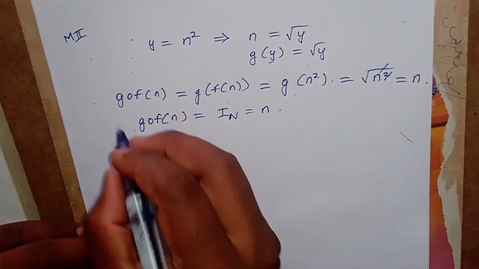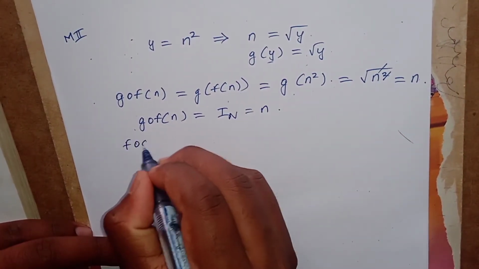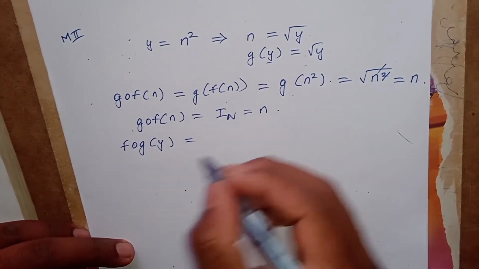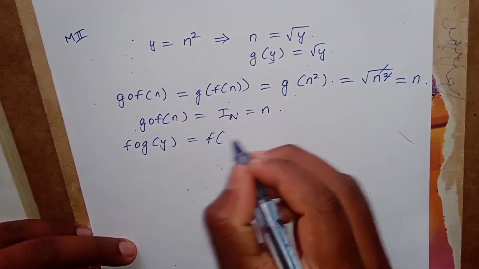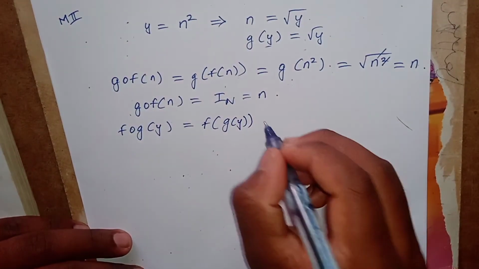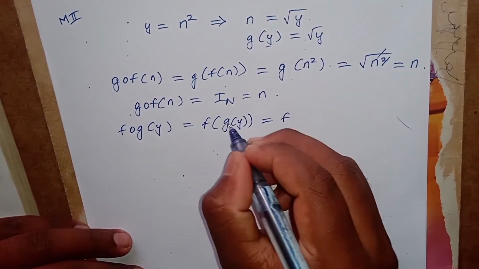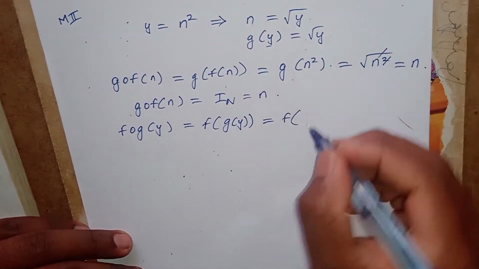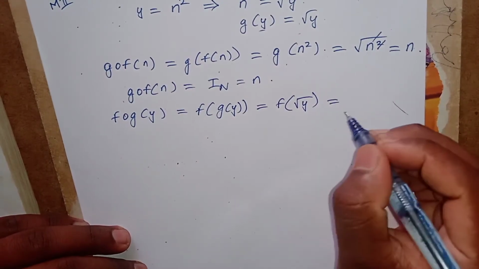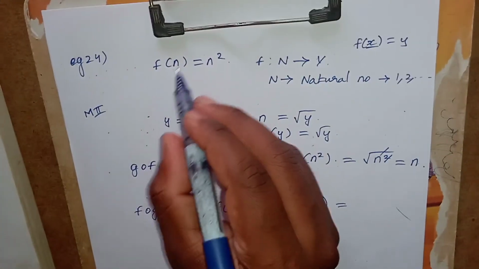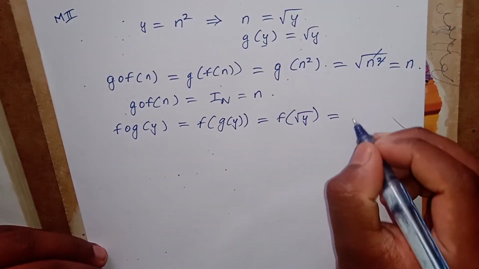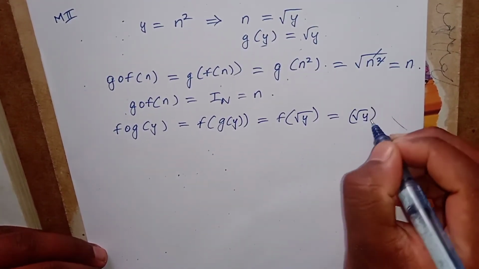Similarly for f naught g of y, first you have to remove the naught. Removing the naught, put the open bracket and closed bracket. Here in the place of g of y we have to substitute root y. Here again in the place of f of n, it is my n, therefore root y the whole square.